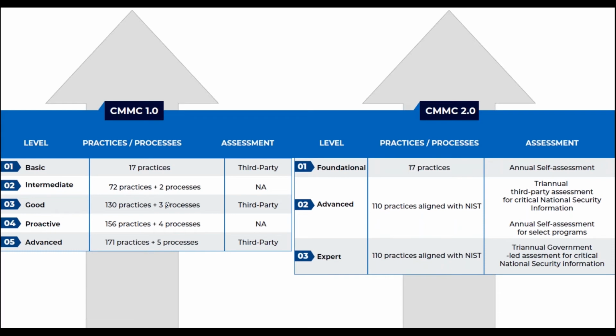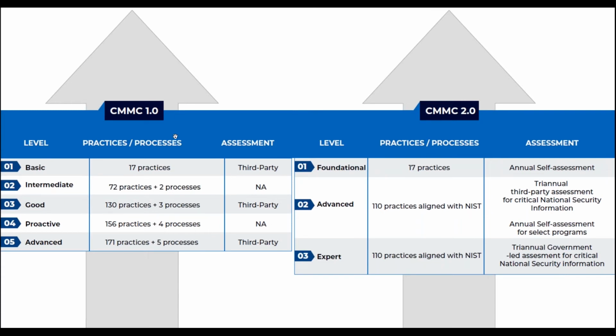Earlier it was 1, 2, 3, 4, 5: basic, intermediate, good, proactive, advanced, same as what you see under CMMI. But now in 2.0 there are only three levels: foundational, advanced, and expert. They have fine-tuned and controlled the number of practices and processes, and made it more streamlined.